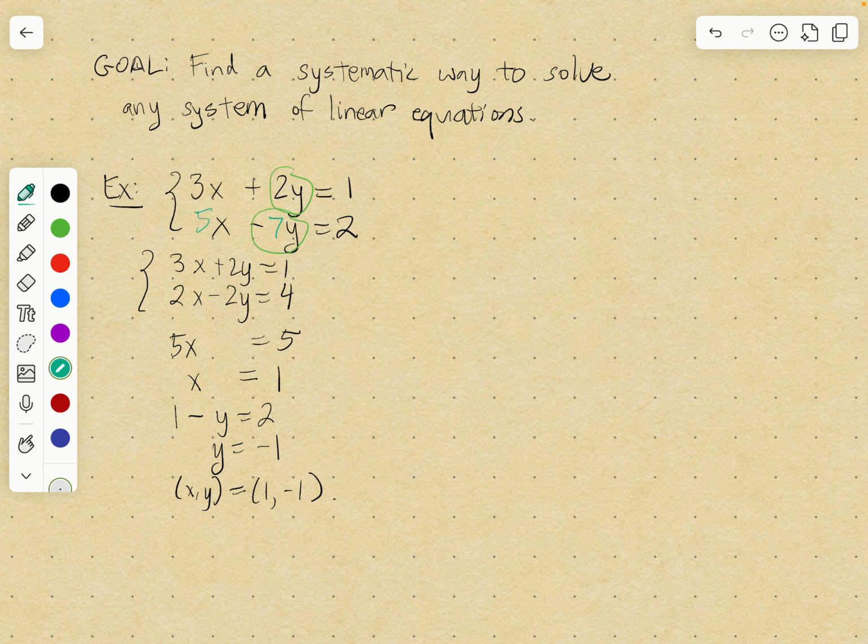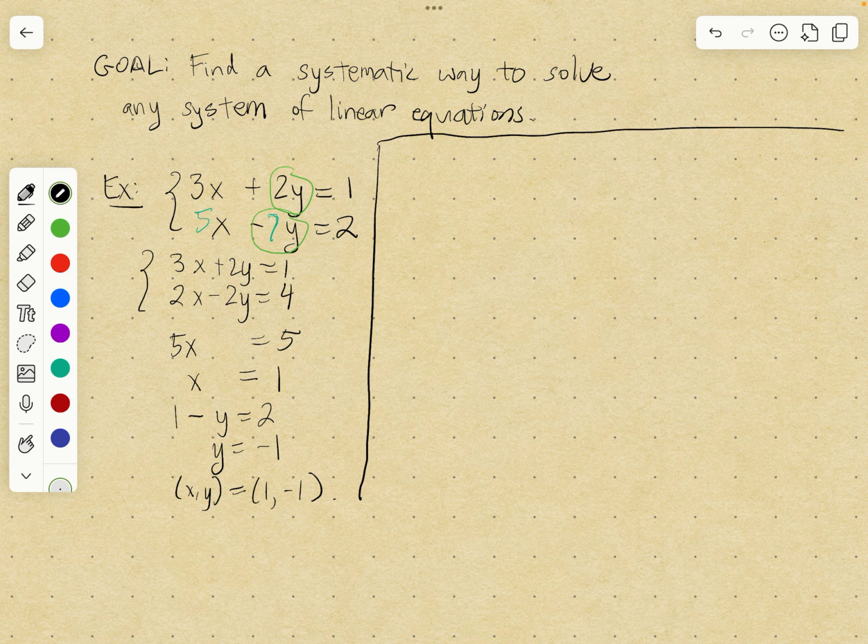So it's not like, if I have a -y, then I'll do one thing, and if I have a -7y, I'll do something else. That's not what we want. We want something that will just work no matter what the numbers are. And that's what we're trying to come up with, so we're going to have to think about how to do that.